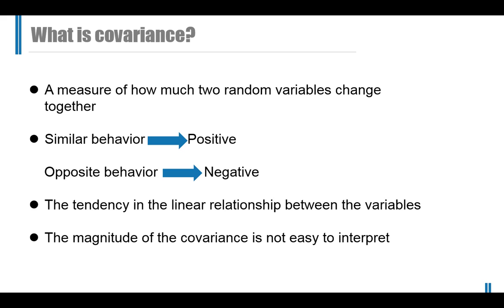In the opposite case, when the greater values of one variable mainly correspond to smaller values of the other, the variables tend to show opposite behavior.